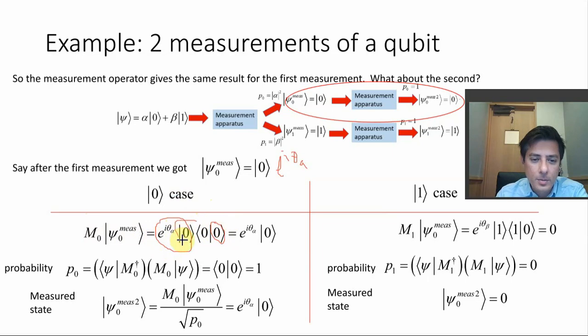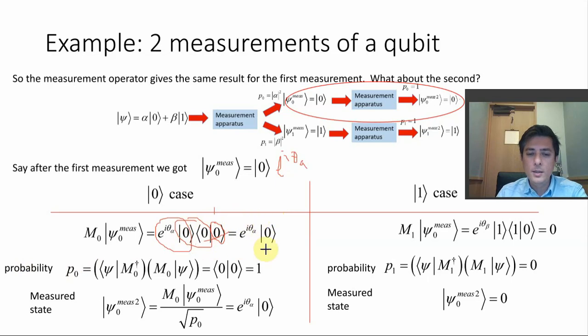Here's the measurement operator, m0, and so what you get is actually this inner product times this state. This inner product is just 1, and so you just get exactly the same state, even with that phase.